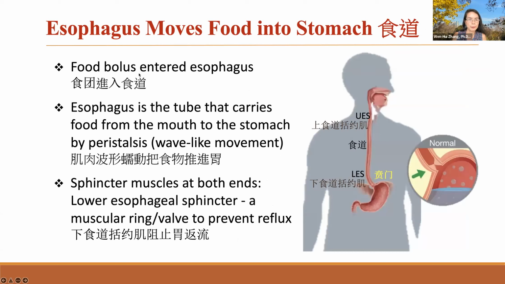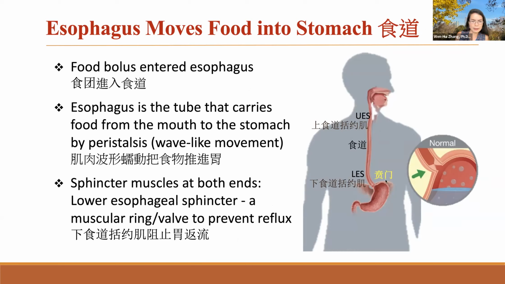So the food bolus enters the esophagus. So in order to go into the stomach, it needs to go through the esophagus. That's the long tube here. So the tube at the upper end, that's the upper esophageal sphincter, and then the bottom where it connects to the stomach, that's the lower esophageal sphincter.